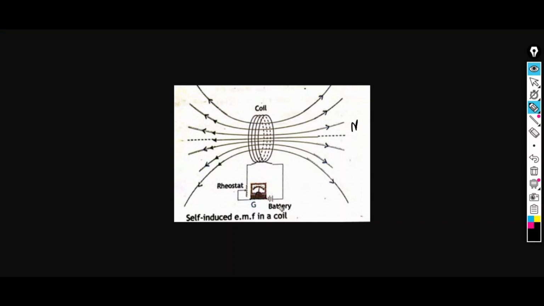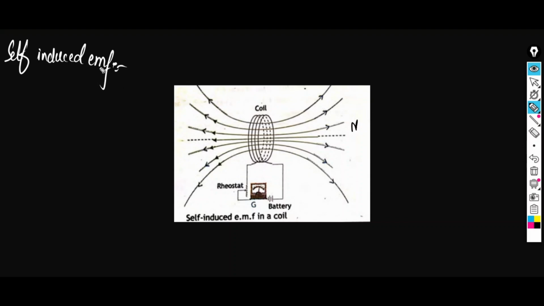Okay, so due to the change in the direction of the magnetic field, the change in magnetic flux will occur, and that change in magnetic flux again interacts with the same coil, and due to this interaction, the EMF will be induced inside this coil, and we call that a self-induced EMF.